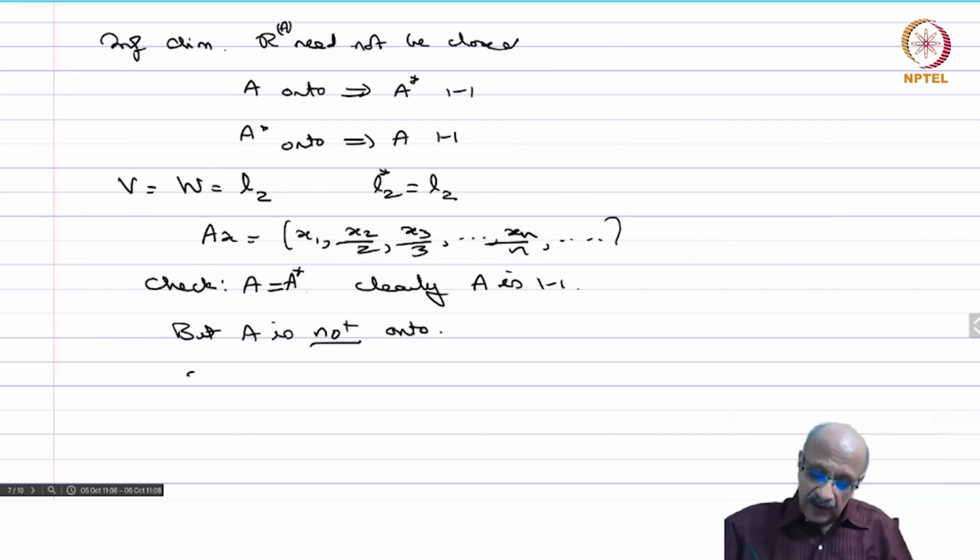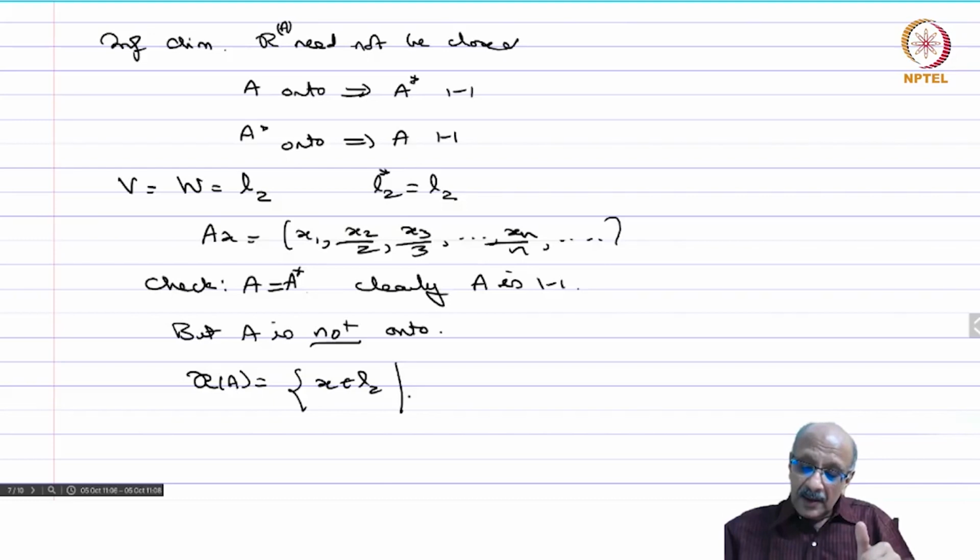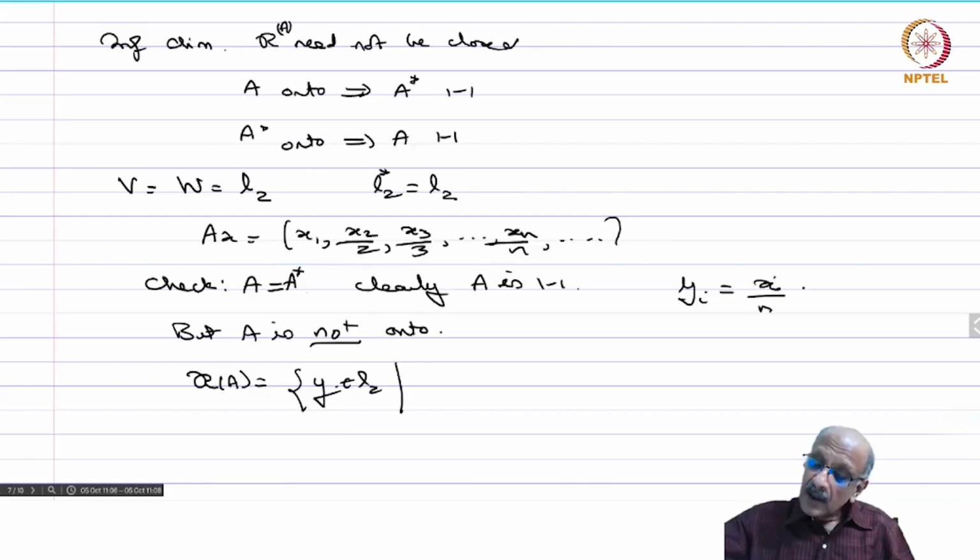The range of A is the set of all y in l2 such that yi equals xi by n, where x is in l2 and y is also in l2.